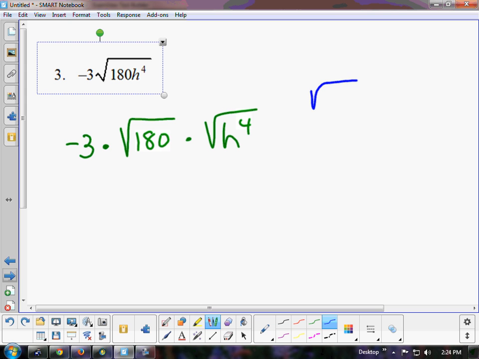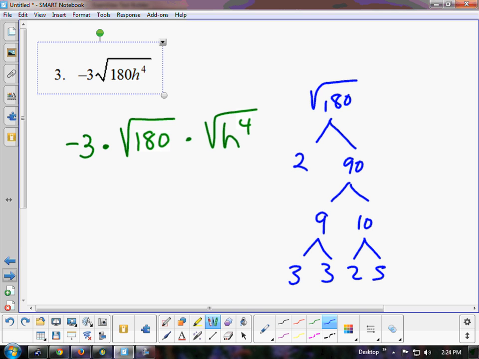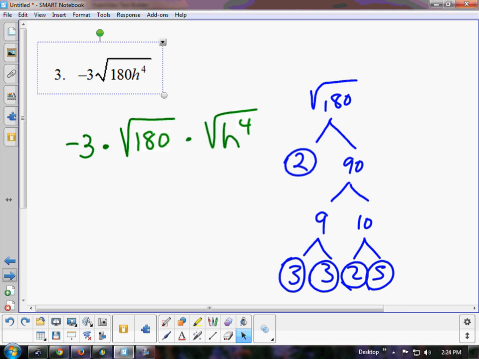The square root of 180, if I don't use the list, I could go 2 times 90 is 180, and 9 times 10 is 90, and 3 times 3 is 9, and 2 times 5 is 10. Now this is all prime numbers. I'm going to look for my doubles and repeats in this to see what goes out and what stays in.